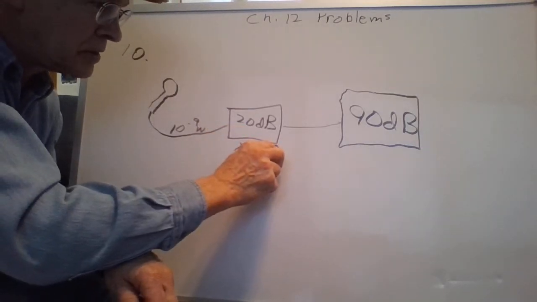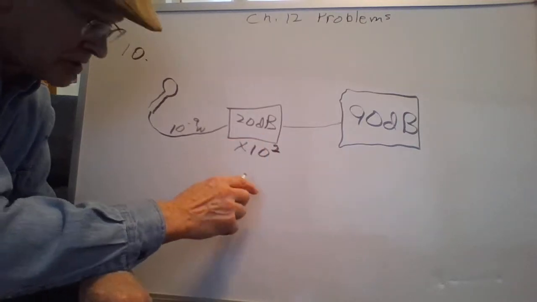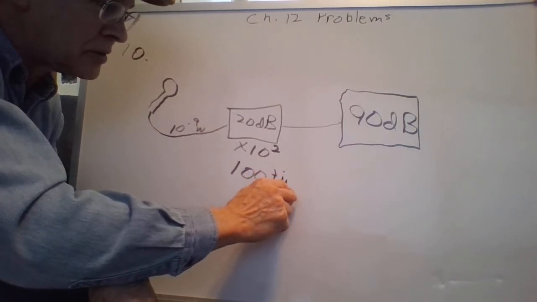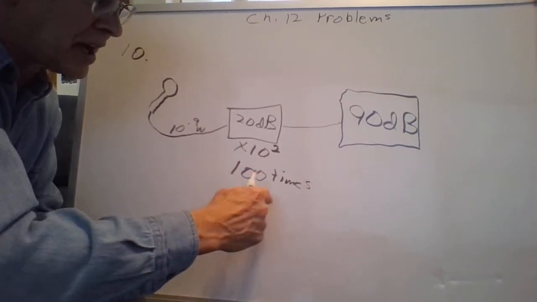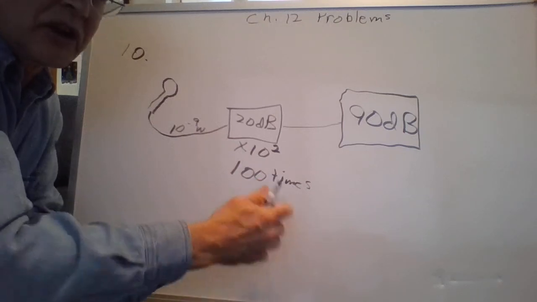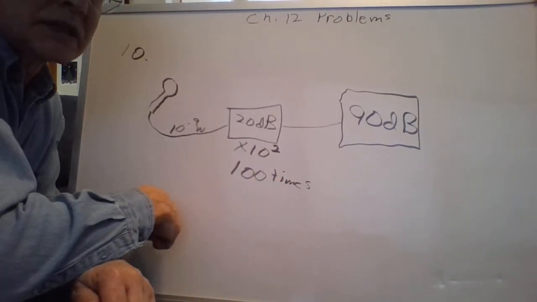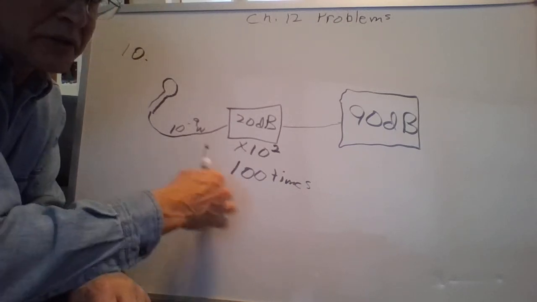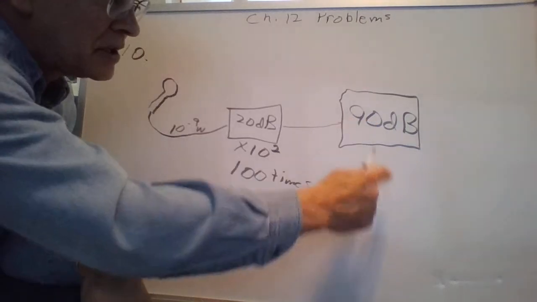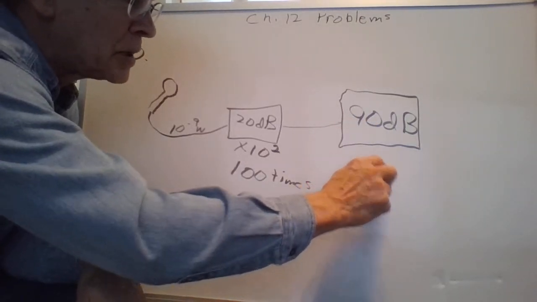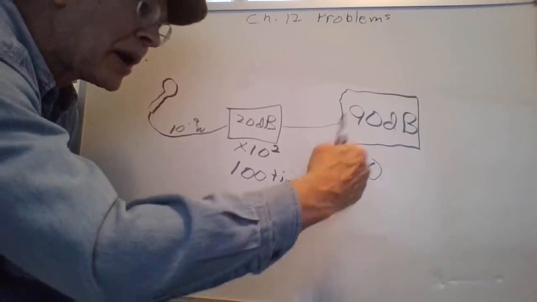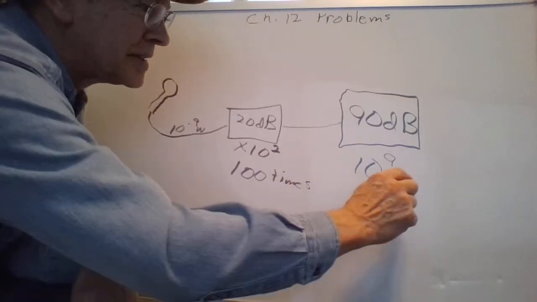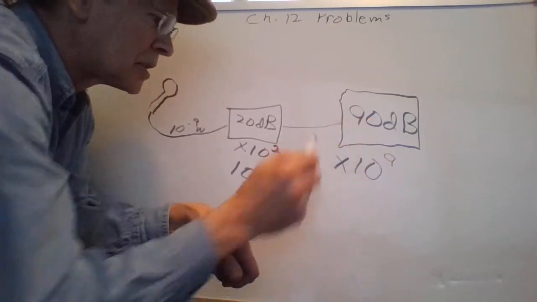In other words, it makes it 100 times. That's another decibel fact you might remember: 10 to the 2 power, 100 times, is 20 decibels. So if it's 100 times louder, it's 20 decibels, which is not really a whole lot louder, but it's actually 100 times. What 10 to what power would be 90 decibels? 10 to the power of 9, of course. So this is gaining 10 to the 9th power.